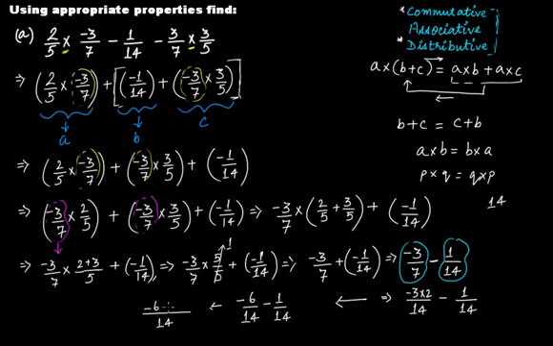This is minus 6 minus 1, you get minus 7 over 14, right? If you want to simplify it further, we can. Just put this minus sign here as it is. The highest common factor of 7 and 14 is 7. Divide 7 by 7, you get 1. Divide 14 by 7, you get 2. Minus 1 over 2.